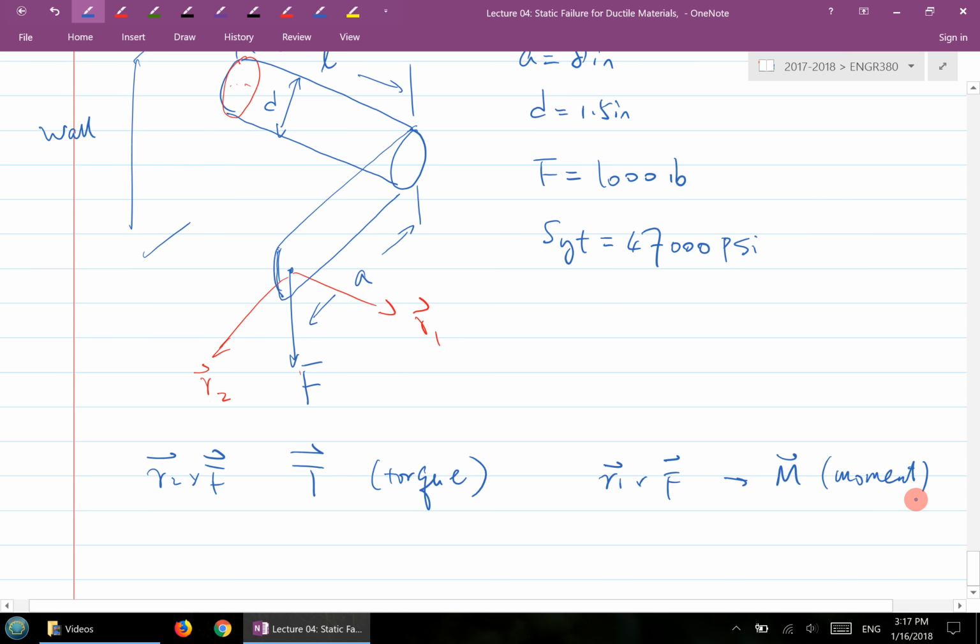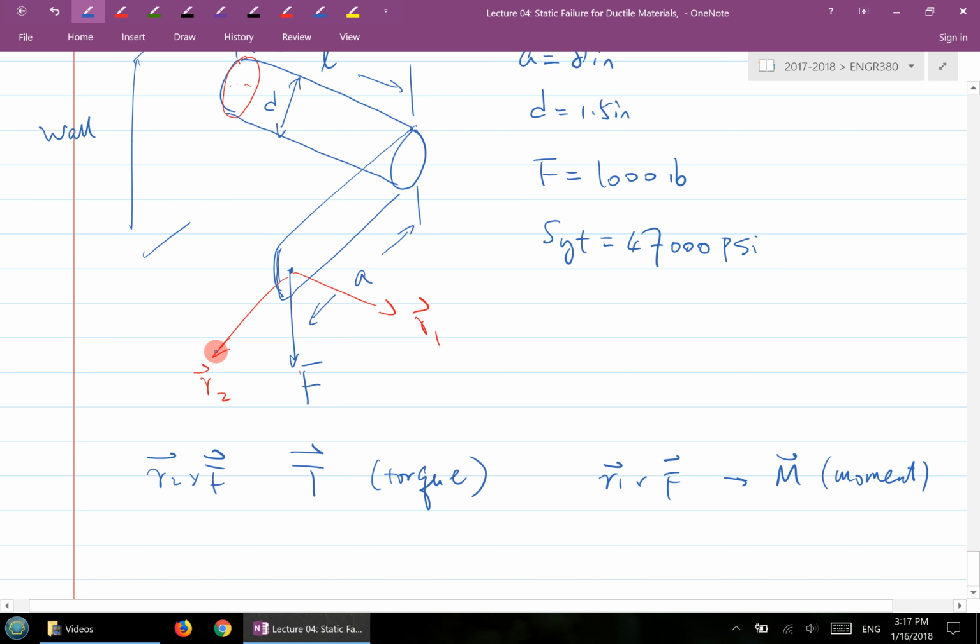Is that clear? Yes. The force is pointing upwards, and R1 is parallel to the rod, and R2 is parallel to this arm. So this is the simple question: what's the difference between torque and moment?